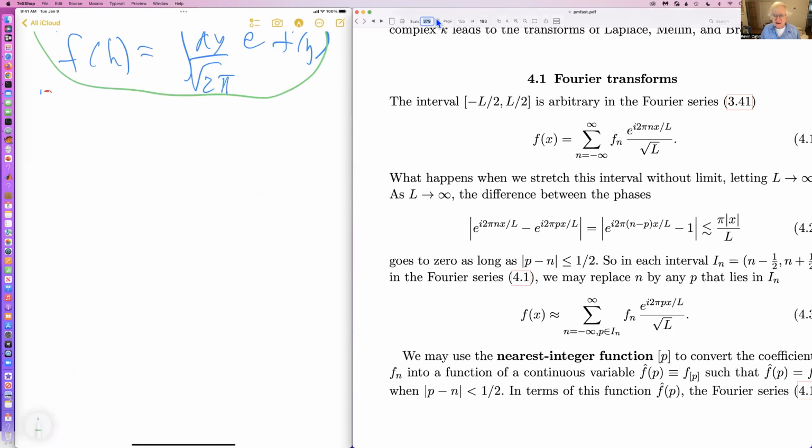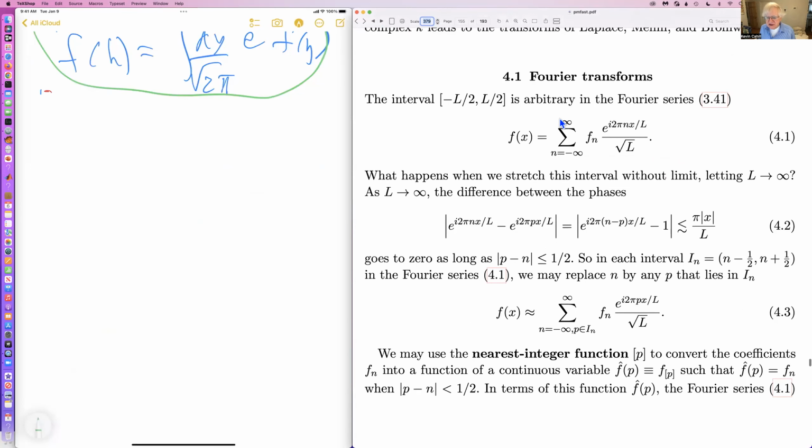And there's a mathematical function that does that for us. It's called the closest integer function, or the nearest integer function, which is just the square bracket symbol like that.